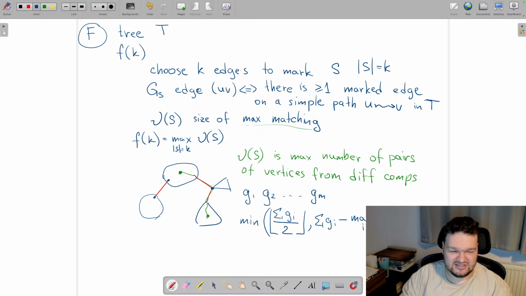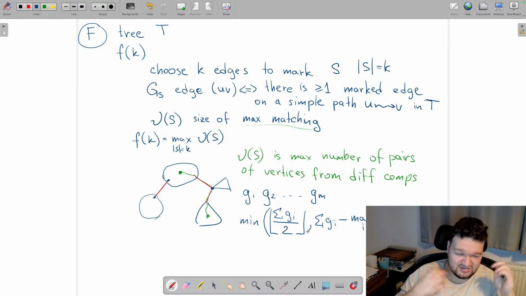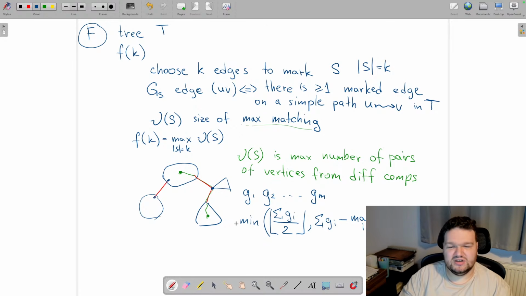So this is a clear upper bound on the number of pairs we can make. And yeah, it turns out that the minimum of those upper bounds is achievable by some stupid greedy: just take the 2 largest groups and pair 1 marble from each. This will achieve this bound.